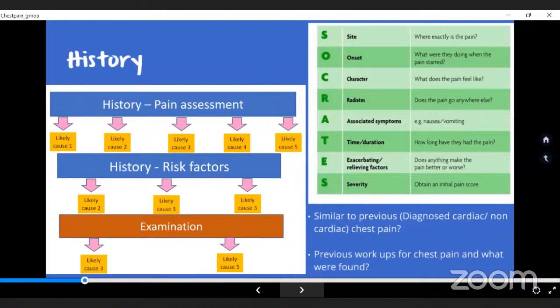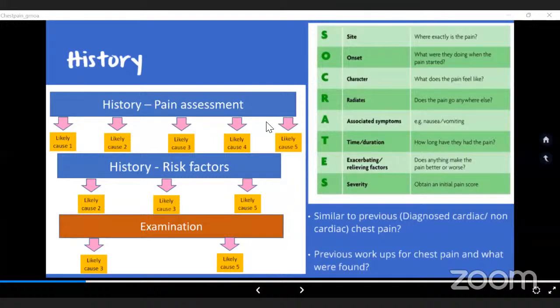Always, if a patient comes with chest pain, the SOCRATES acronym to assess and document chest pain is important. So from the history of the pain assessment, from the character of the chest pain, from the radiation, from the associated symptoms, you can have some possible likely causes.